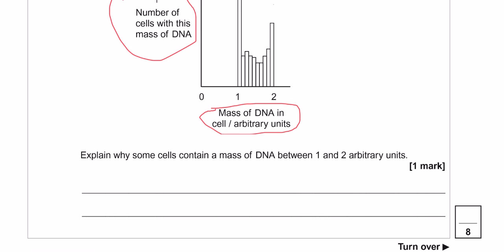It only wants 1 mark here, so it doesn't want you describing anything, but you can see some cells contain a mass of DNA between 1 and 2 arbitrary units. Some have more numbers of cells with this particular mass of DNA, and it's just that the DNA replication is taking place, or you could say that it's not finished. So the DNA replication is taking place is the answer.